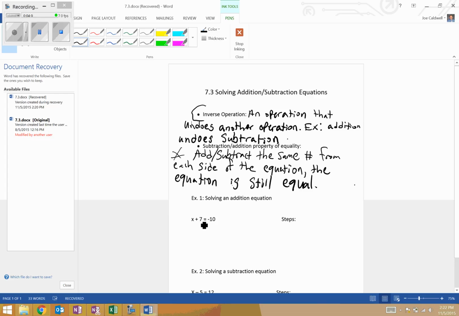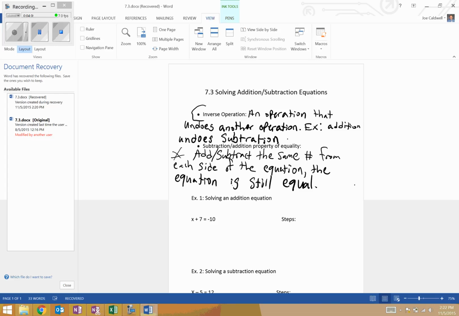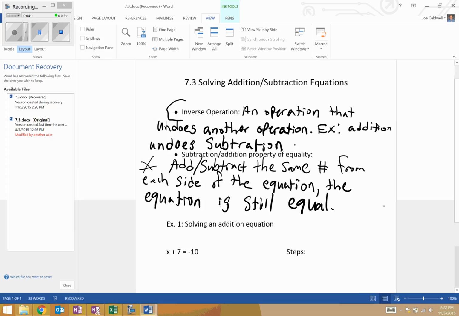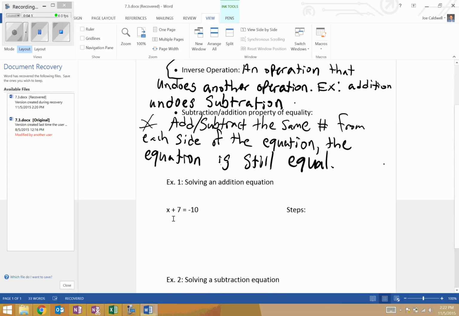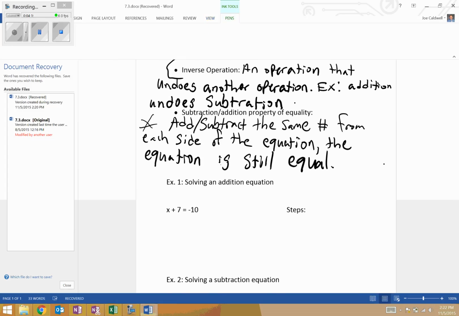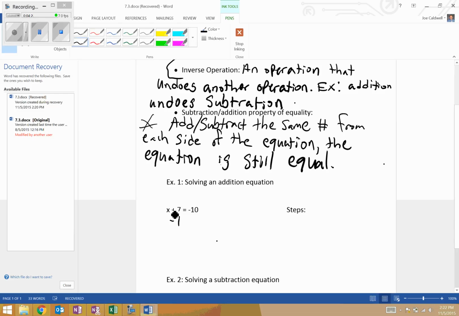So to undo that, we're going to subtract 7 from it, because adding 7 and subtracting 7 will allow us to cancel those out.